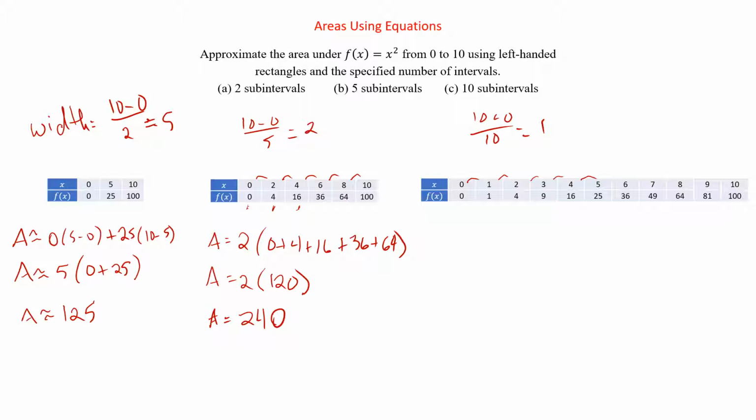The last one, we have 10 subintervals. And so we have to find all the values from 0 to 10. The width is 1, so we can factor that out.